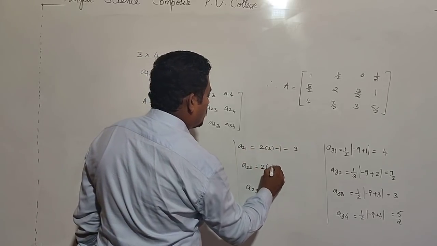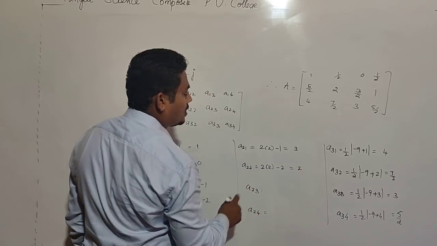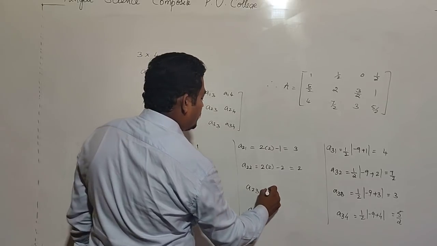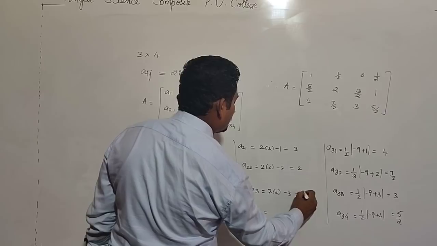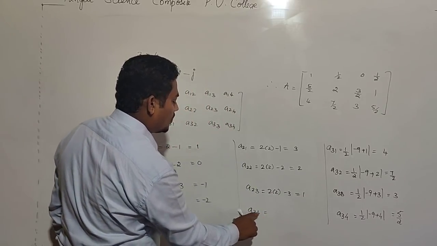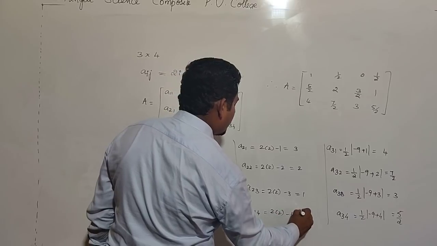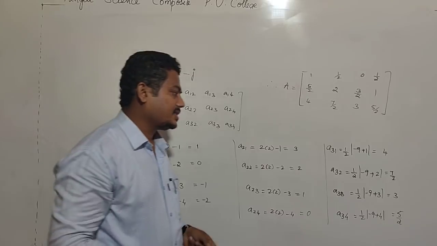Next A22: 2 into 2 minus 2 is equal to 2, 4 minus 2. Then A23 means 2 into 2 minus 3, 4 minus 3 is 1. Next A24, that is 2 into 2 minus 4. It gives 0.